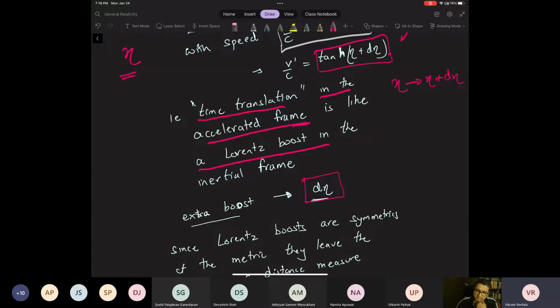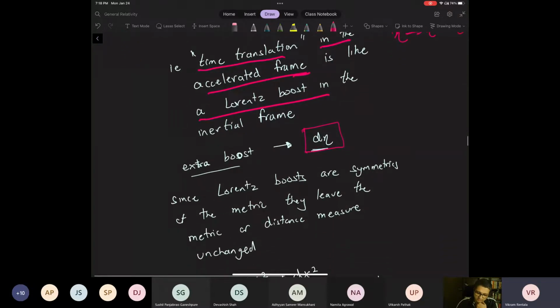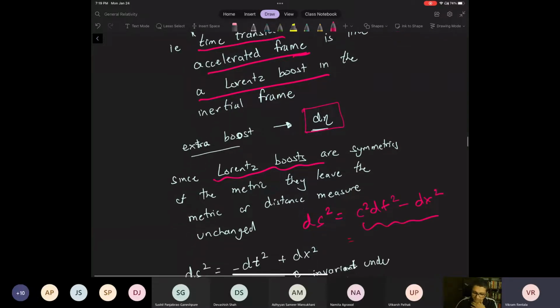And now we see something interesting. We know that Lorentz boosts are symmetries of the metric. That is, they leave the metric, or the distance measure, unchanged. If we look at this quantity between two space-time events, it is invariant under a Lorentz boost. It preserves its form, so it becomes c squared dt prime squared minus dx prime squared.